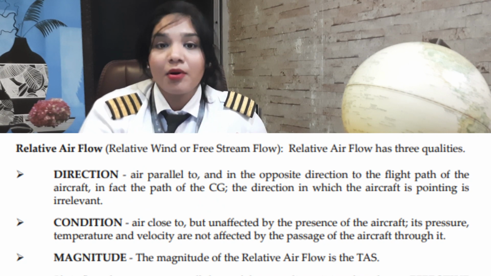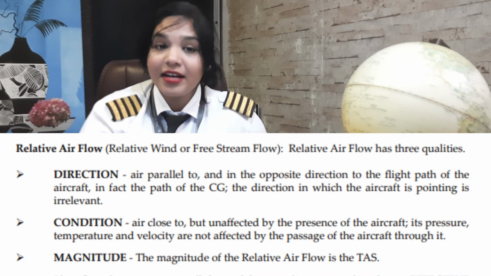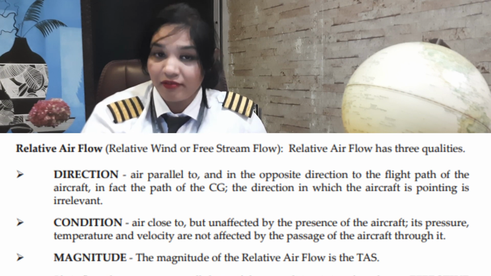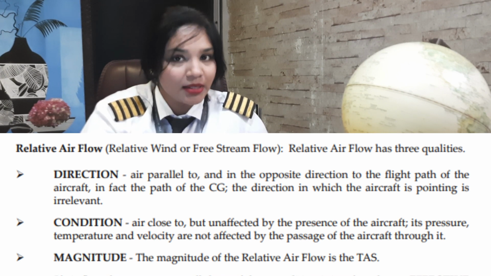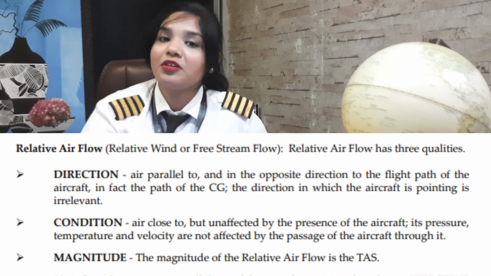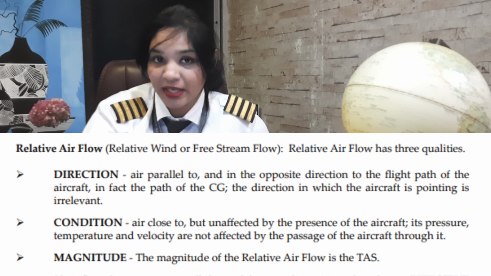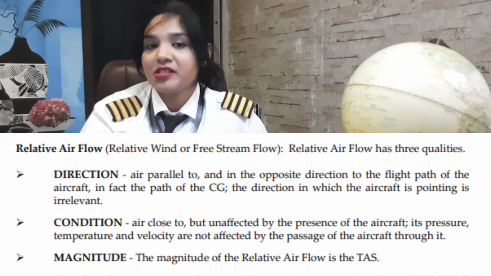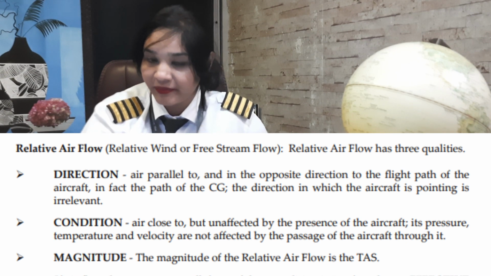Number one, it has to be uninterrupted by the presence of aircraft, a free flow of air. The second is that it has to have the same magnitude as the aircraft's true airspeed. And the third condition is that it has to be in the opposite direction of the flight path.